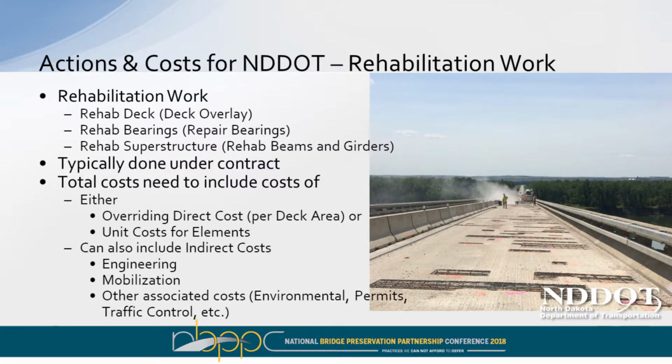Some things are more readily correlated to deck costs, but if you're going to replace a pier, it's challenging to relate that to your deck area, right? For those, you would most likely use unit costs for the elements and have to come up with those costs. Then, again, engineering, mobilization, other costs, environmental, design, all of that needs to be included.